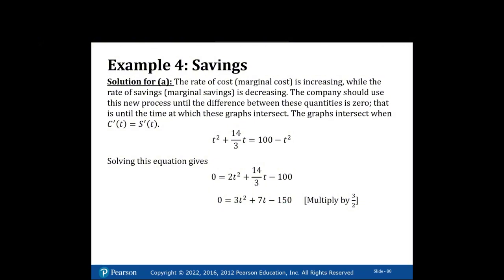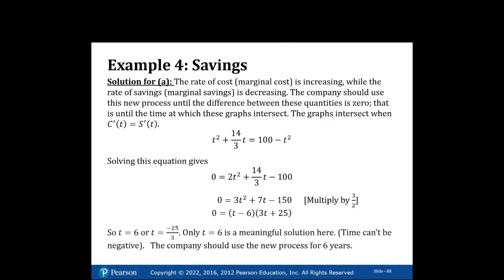If I were to multiply just by 3, it gives you bigger numbers and it's harder to work with. So now we go ahead and factor that, and we get t minus 6 and 3t plus 25. So either it's going to be 6 years or it's going to be negative 25/3 years. But we can't have negative years, so we only want 6. So the company should use the new process for 6 years.